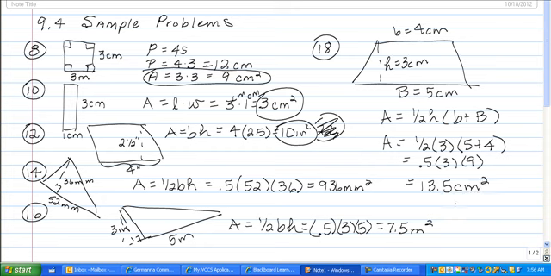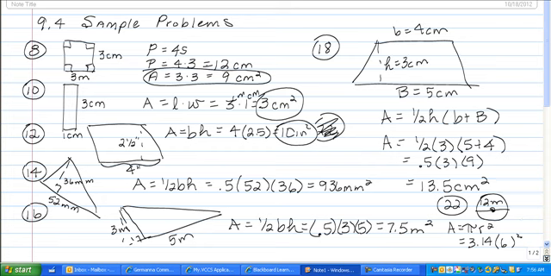Okay, and let's do one circle. We'll do number 22. We have a circle with a diameter of 12 meters. And our area of a circle is pi r squared. We were told to use 3.14. The radius is half of the 12. 12 is the diameter, so 6 squared.